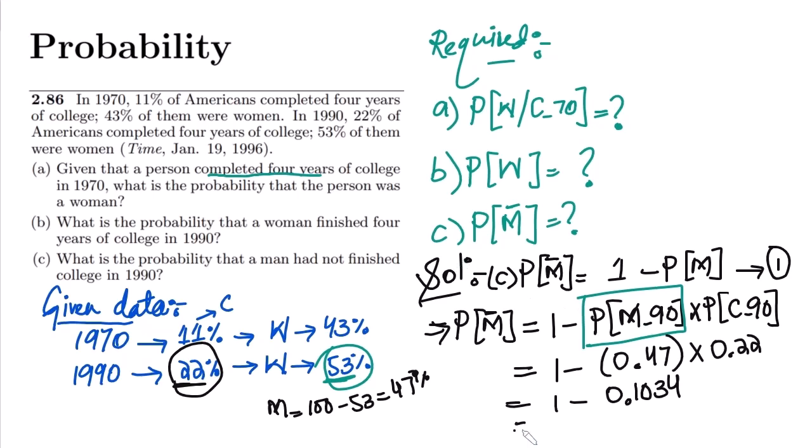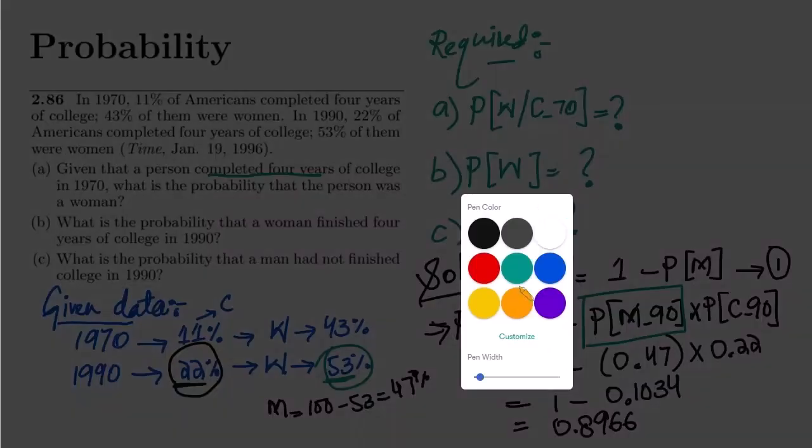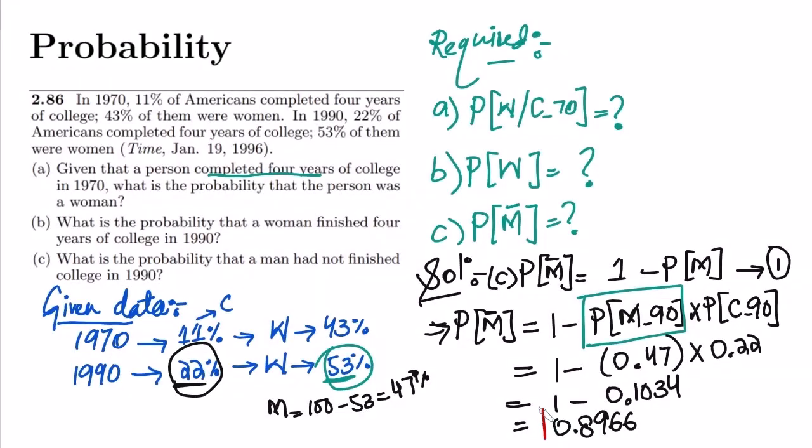Okay, so now subtracting it from 1, what would we get? We would get 0.8966. Okay, so that is the probability that a man would not finish his college degree in 1990. Okay, so that is the solution of part C.